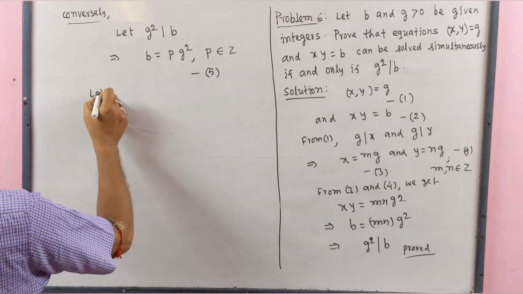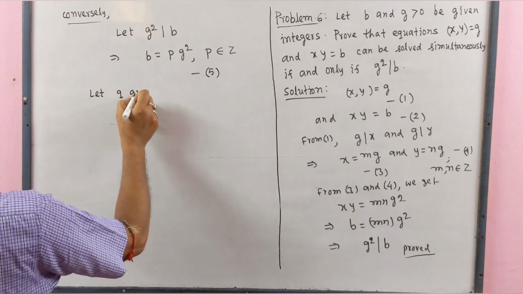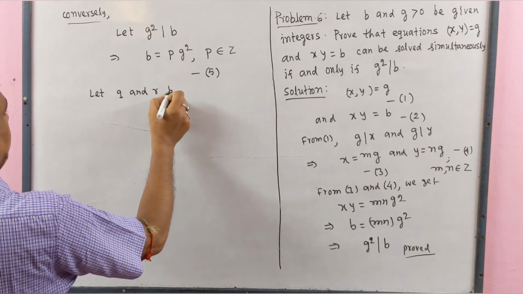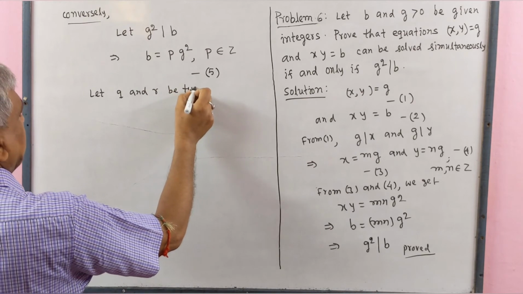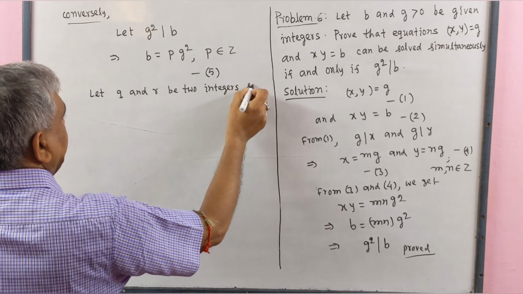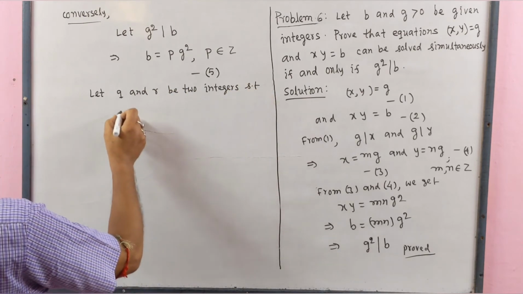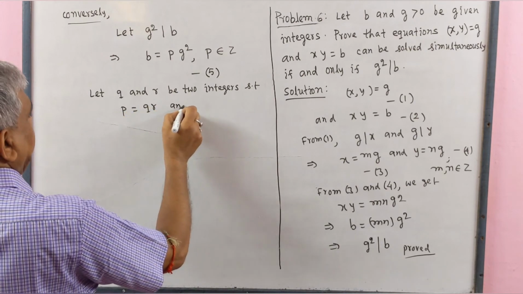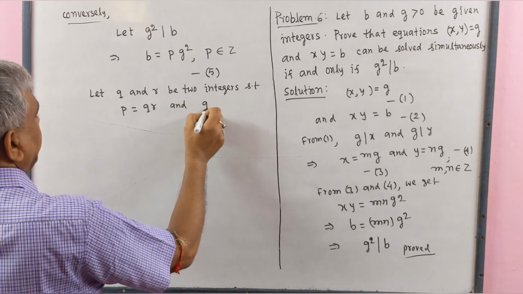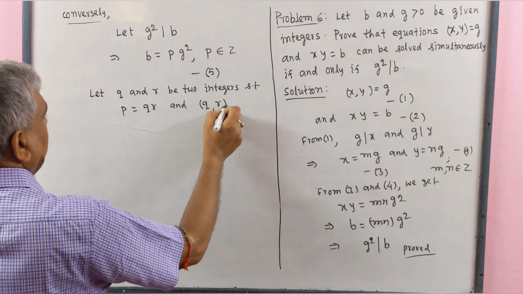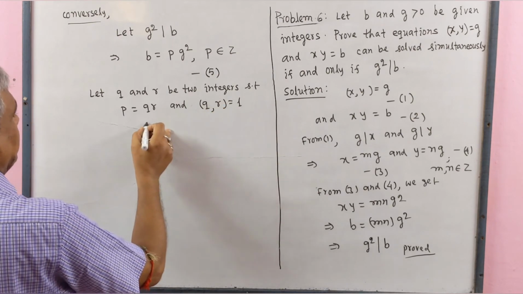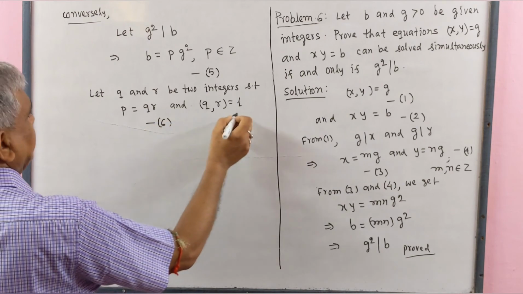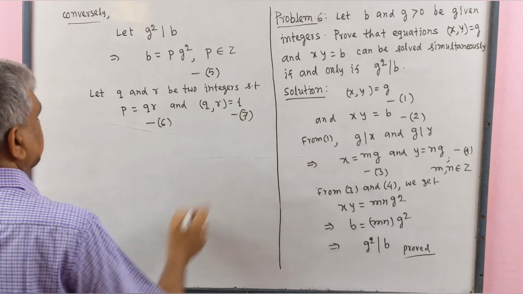Let q and r be two integers such that p equal to qr and GCD of q and r equal to 1. This is number 6 and this is number 7.